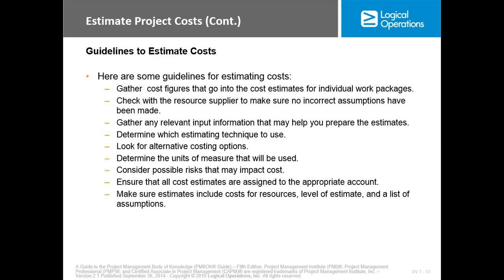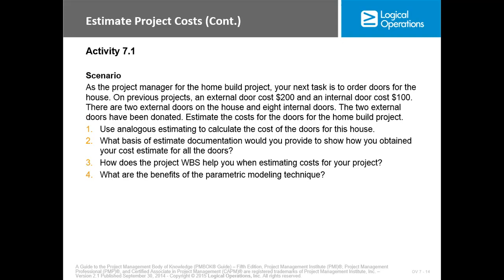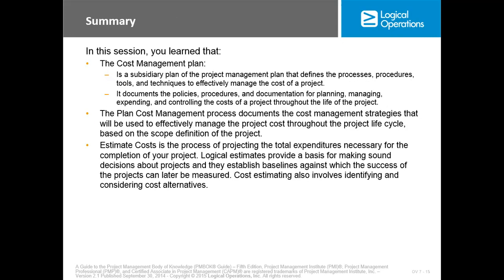Look for alternative costing options. Determine the unit of measurement that will be used. Consider possible risks that may impact costs. Ensure that all cost estimates are assigned to the appropriate account. Make sure estimates include costs for resources, level of estimate, and a list of assumptions. Okay, so this is a scenario portion, and that is where this particular slide ends.